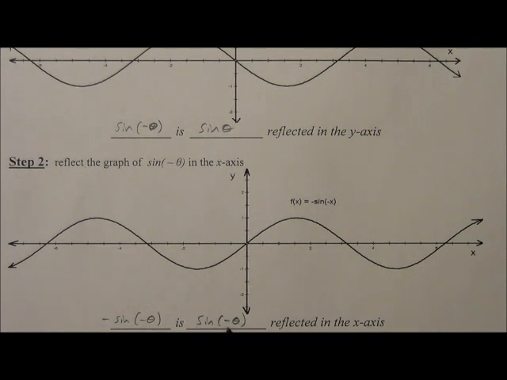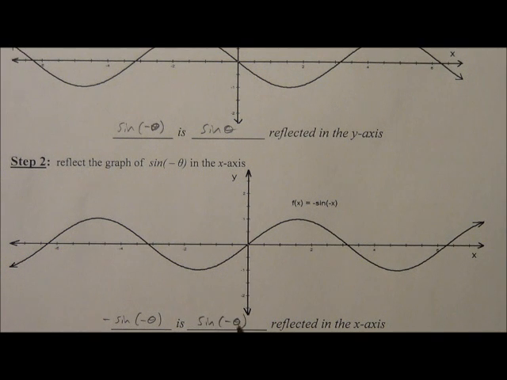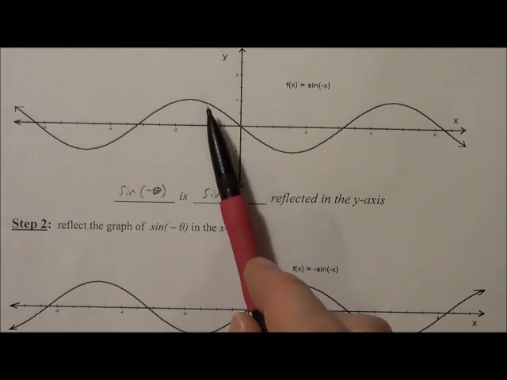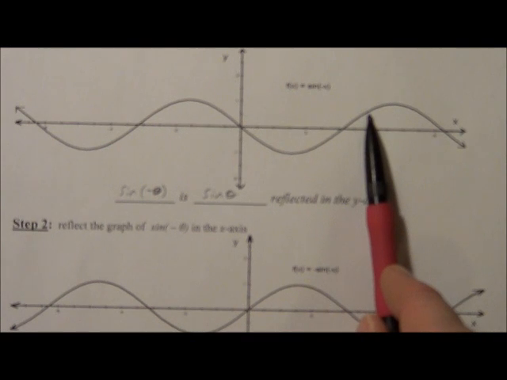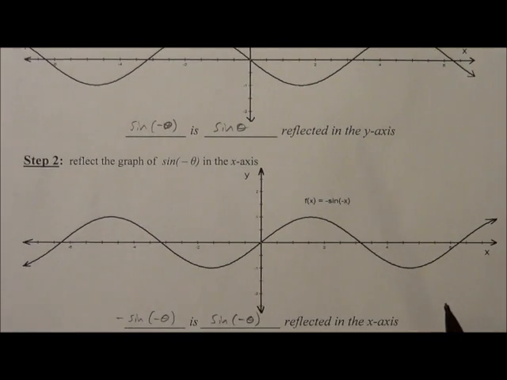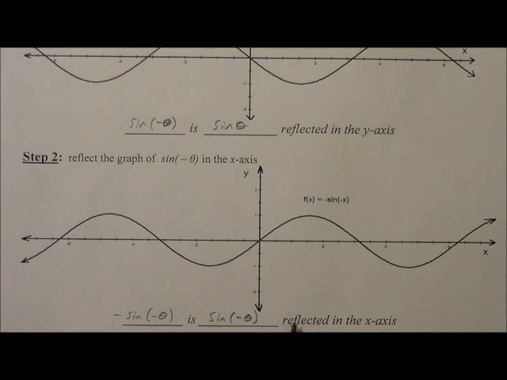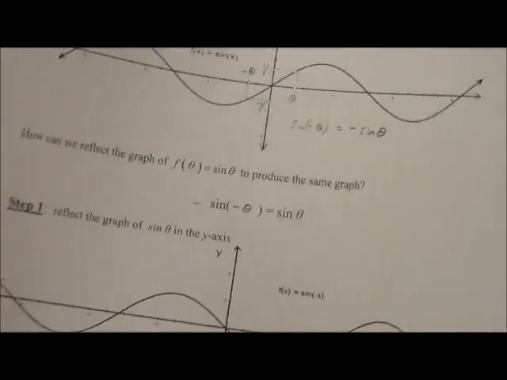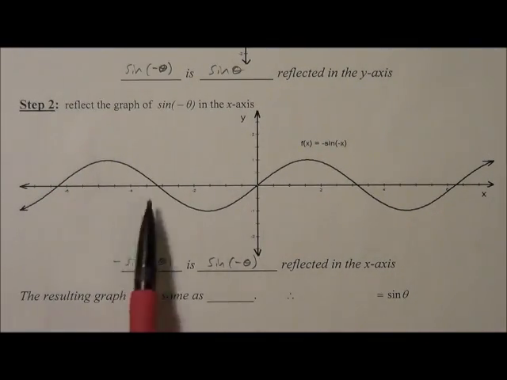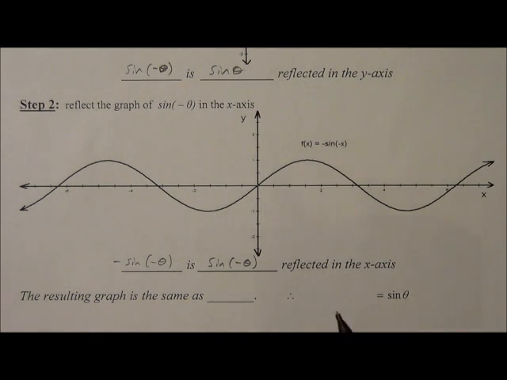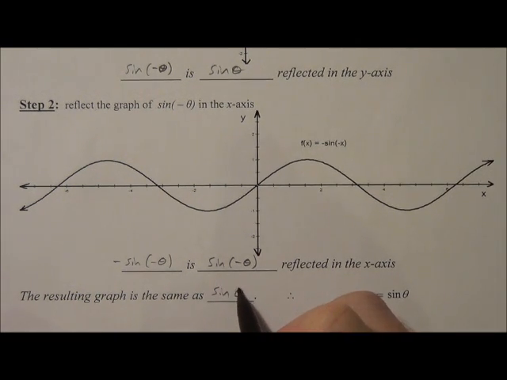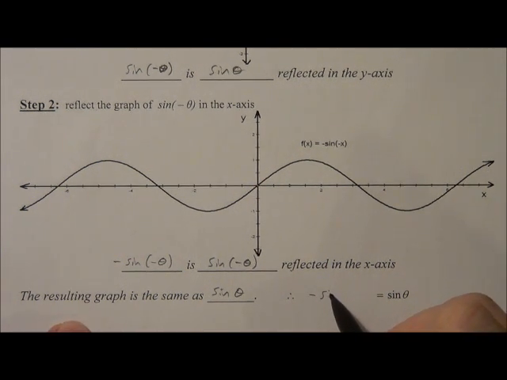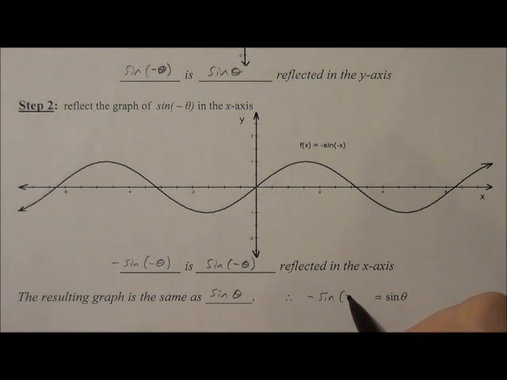So this function here is the same as the graph of sine of negative theta, which was reflected in the x-axis that we just did. Therefore, the resulting graph after step 2 is the same as sine theta. Therefore, negative sine of negative theta equals sine theta.